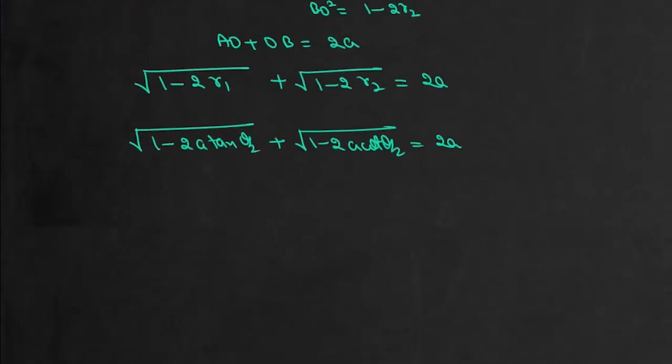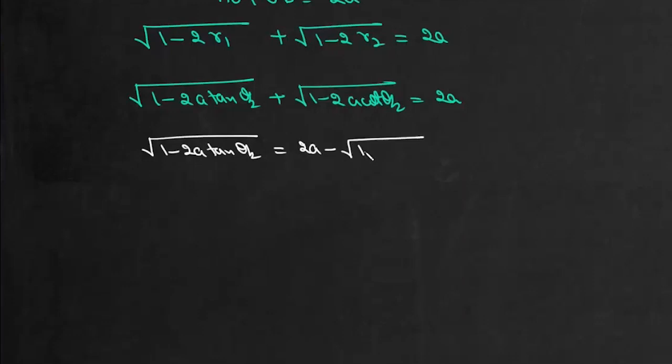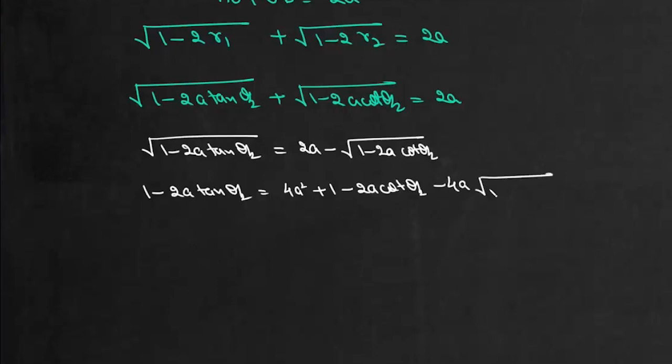Now what we'll do is take this cot expression on the right hand side and we can write under root of 1 minus 2a tan theta by 2 will be equal to 2a minus under root of 1 minus 2a cot theta by 2, and if we square it, we'll get 1 minus 2a tan theta by 2 will be 4a square plus 1 minus 2a cot theta by 2 minus 4a under root of 1 minus 2a cot theta by 2.